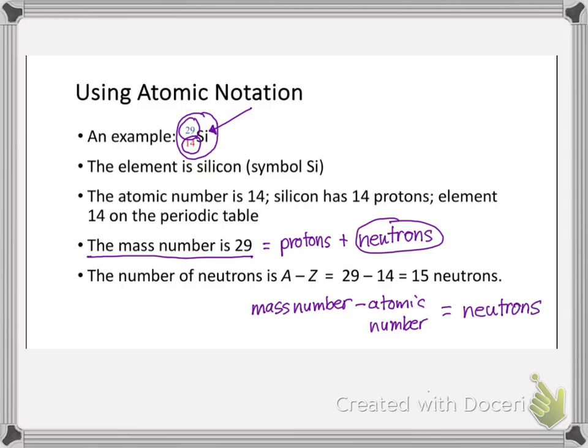So you can pause the video here and just read through again on this example and make sure you understand what's going where. And then we're going to look at some other examples just to make sure that you're getting it. But you can pause here and make sure you understand.